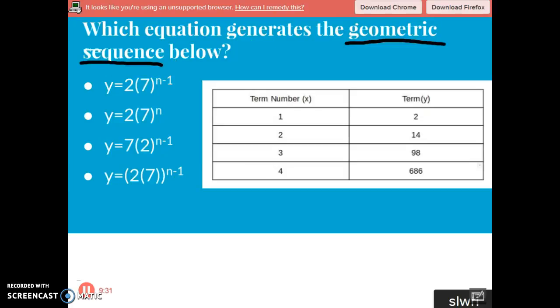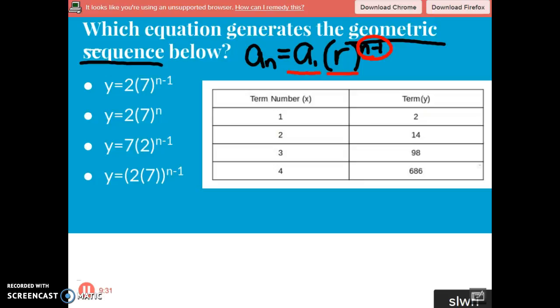That formula says you take the first term times the common ratio, or whatever you're multiplying by, to the n minus 1, which means the previous term's number. So let's say that again: your first term times the common ratio to the power of the previous term's number.